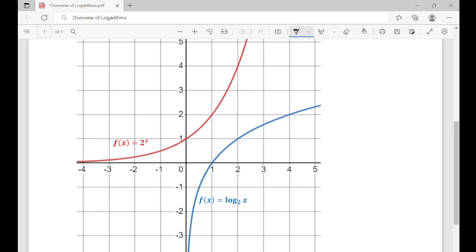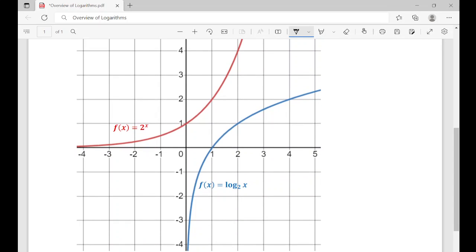So the red and blue curves are inverses of each other, and you can see that by the point (0, 1) on 2 to the x, which is (1, 0) on the log graph. (2, 1) on the log graph becomes (1, 2) on the exponent graph. So these are what the graphs look like when you graph them together. Again, exponents and logs are inverses of each other.